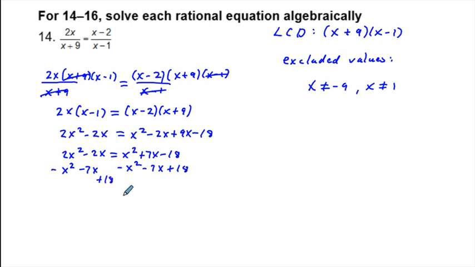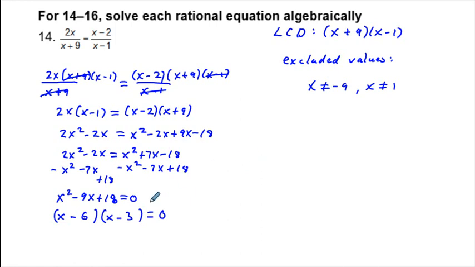So the right side cancels out to be 0. On the left side, we have x squared left, and we have negative 2x minus 7x. That's going to be minus 9x, and we're going to have plus 18, and that's going to be equal to 0. And so factoring on the left, we're going to have x minus 6 and x minus 3.